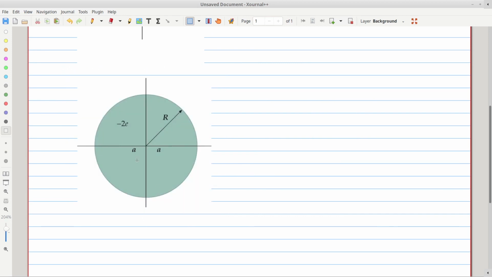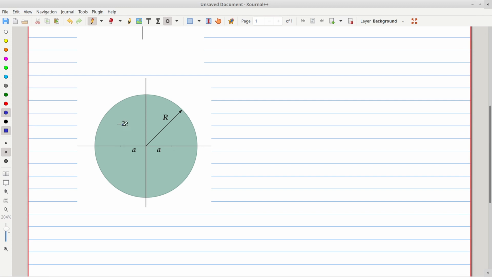Here we have a uniformly charged sphere, and we want to know the field at a position a from the center. So let's draw a surface. We will use Gauss's law to solve this part of the problem. So it's necessary to use a surface to compute the flux on this surface.